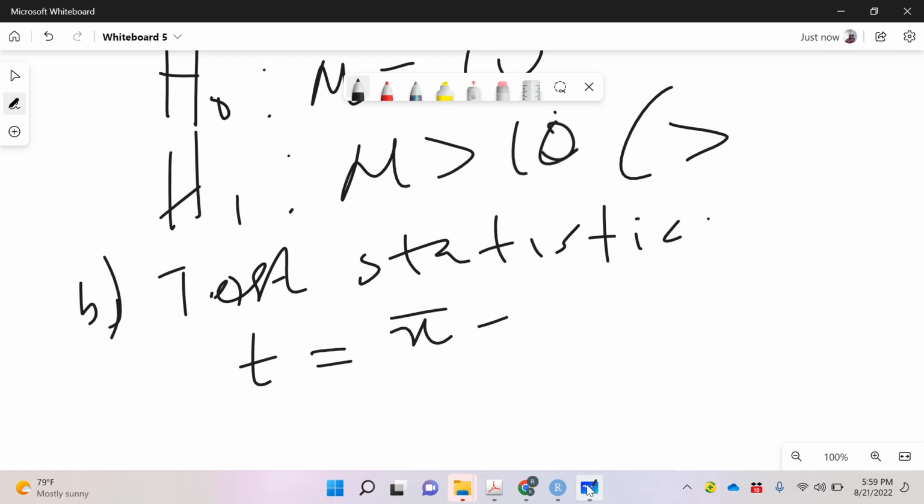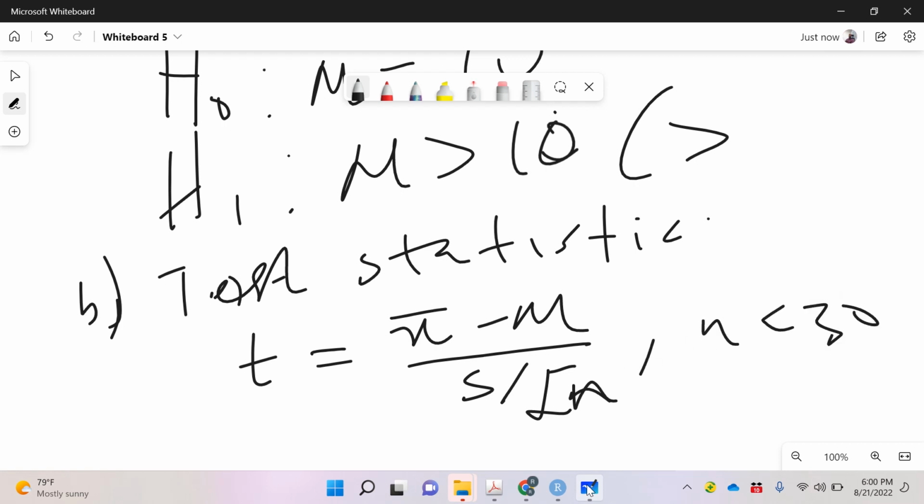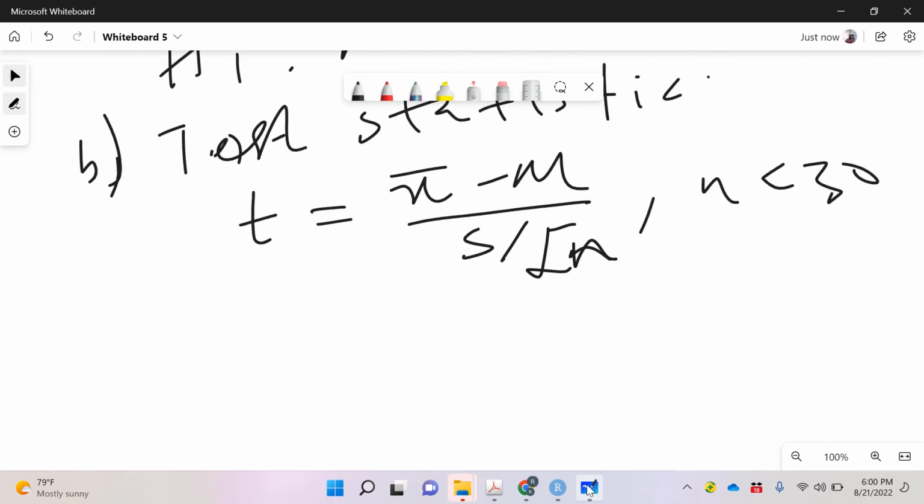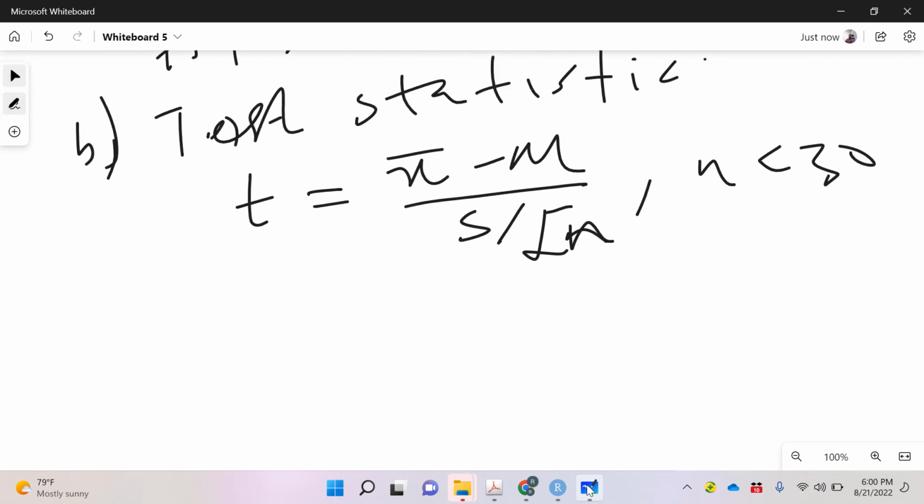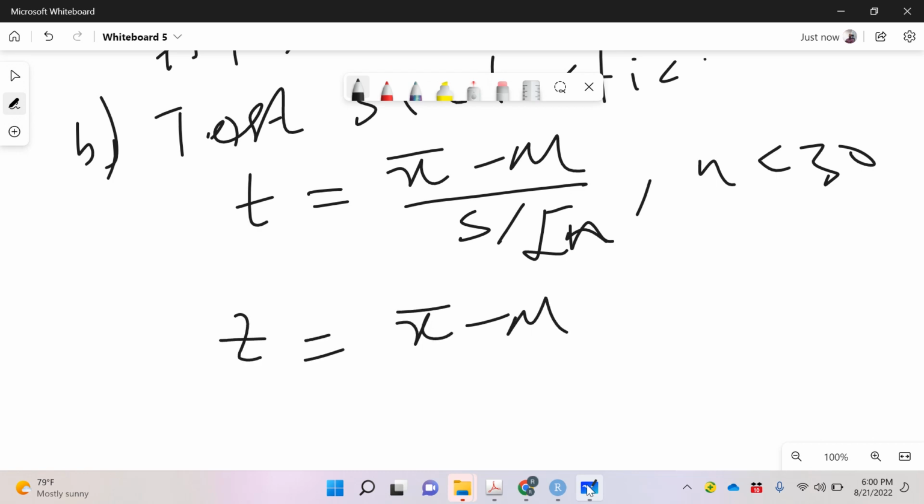If it is a T, it will be x bar minus mu divided by s over root n, right? Here, we are assuming that n is less than 30 and sigma is unknown. Or it can be a Z, which is x bar minus mu divided by sigma over root n.